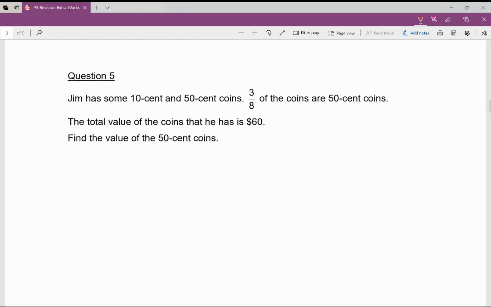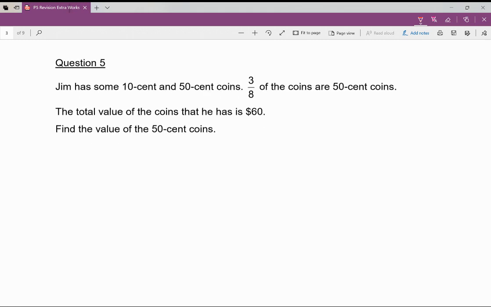So question 5 now. So this one, Jean has some 10-cent and 50-cent coins. 3 out of 8 of the coins are 50-cent coins. So my denominator of 8 refers to my total coins. The 3 units refers to my 50-cent coins. So my 50-cent coins is 3 units.